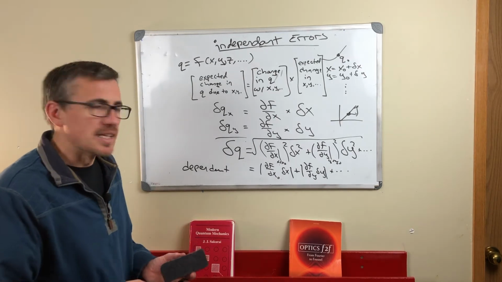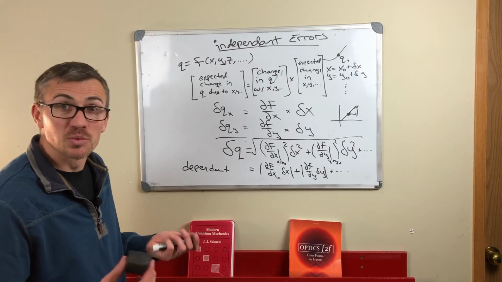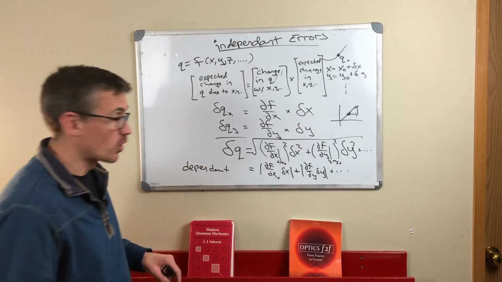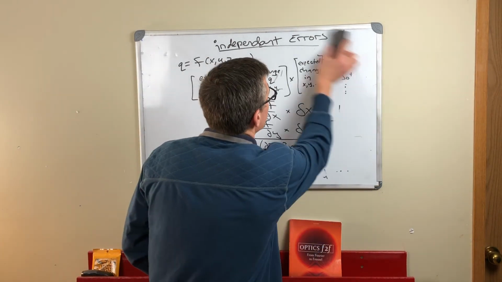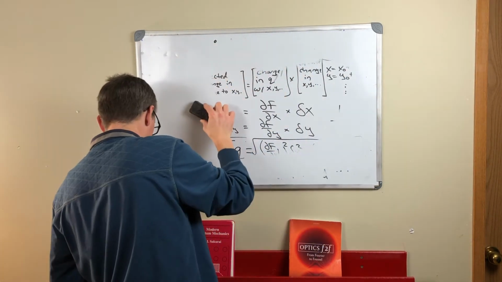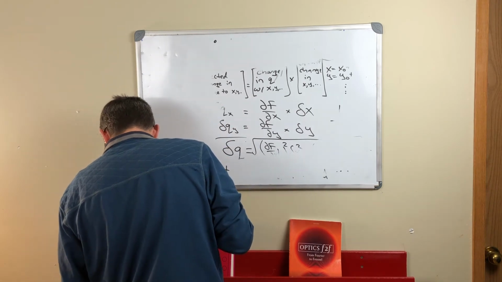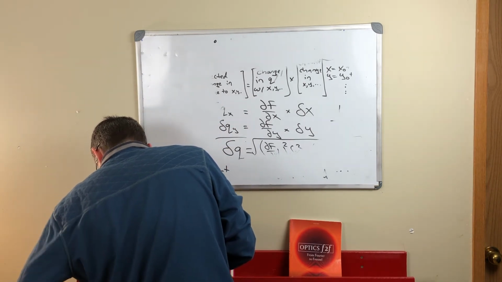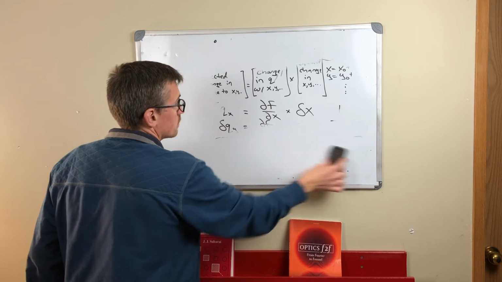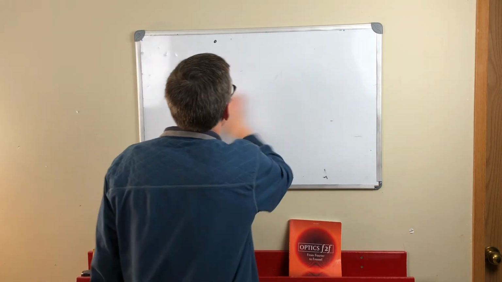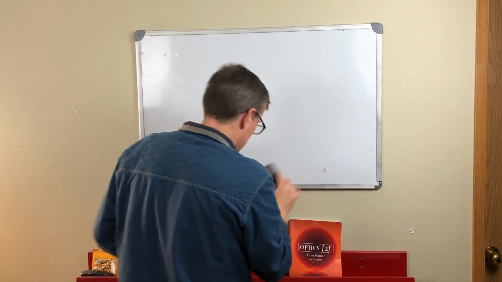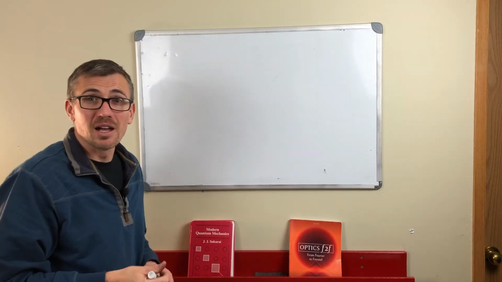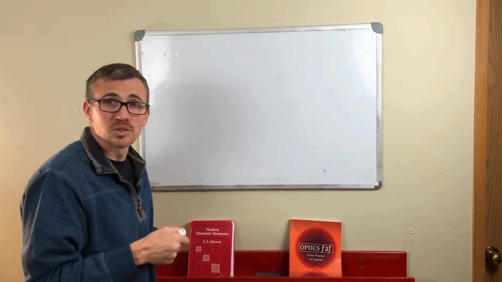Let's do two quick examples. Examples really help for this stuff. So we're going to remember this formula, and we're going to do two quick examples. The first thing we're going to do is just derive what we did the brute force way before.